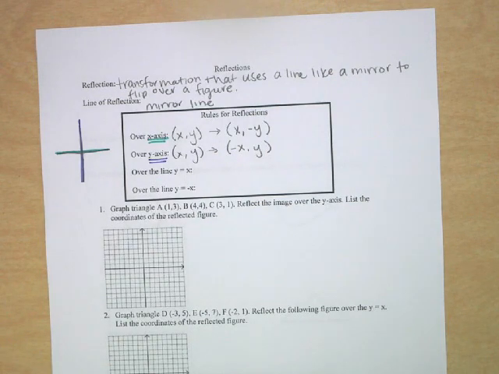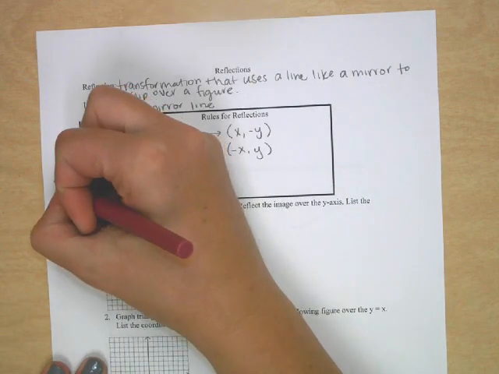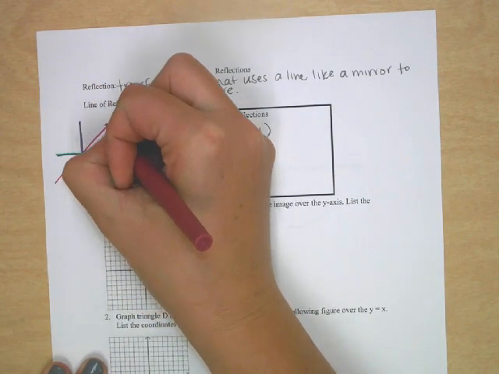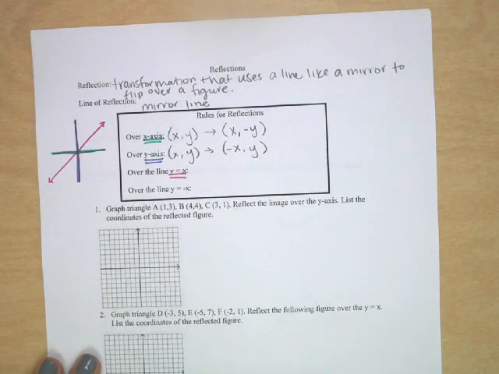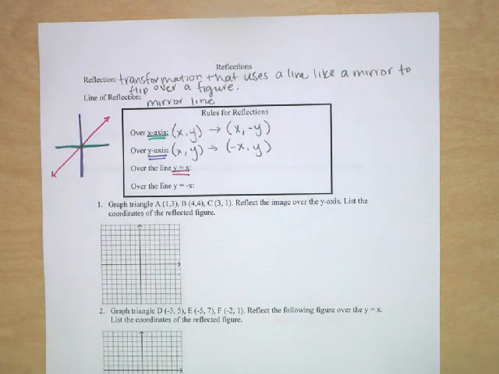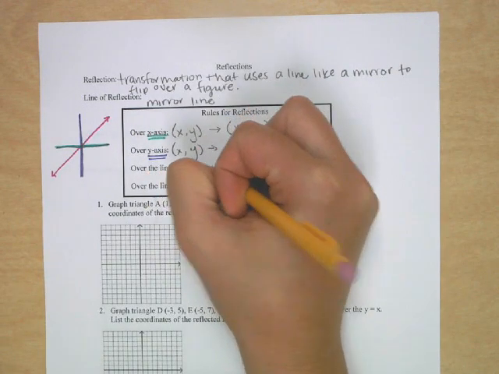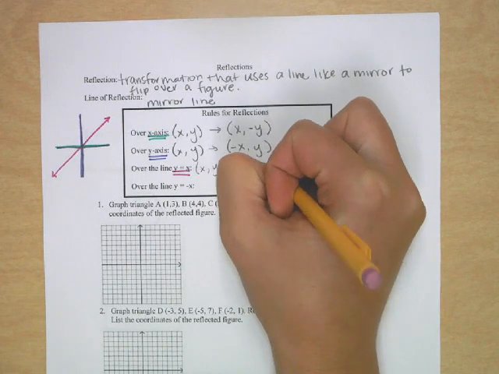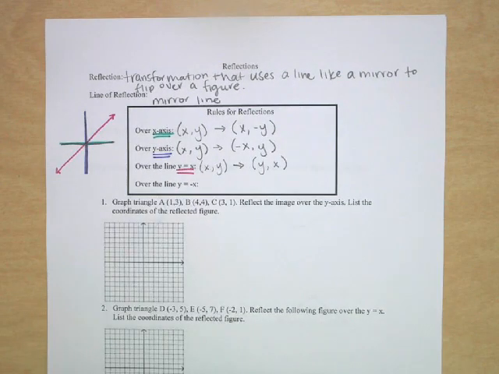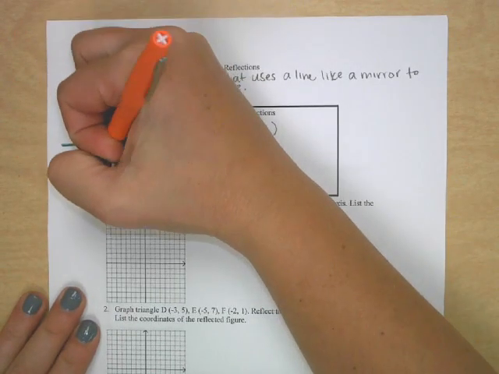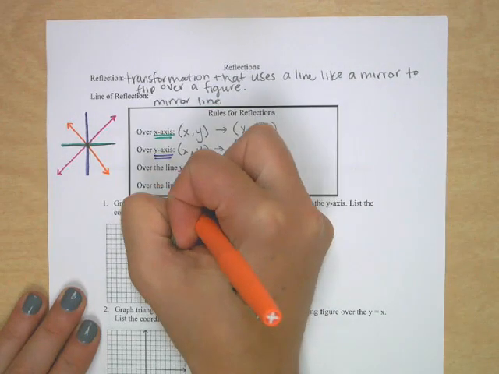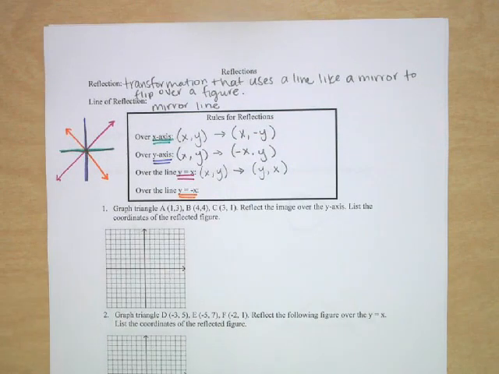Then the next one is flipping over the line y equals x. When we look at the line y equals x, it's actually a line diagonal through the coordinate plane. So that way we have an idea of what that is. And when we do the reflection of that one, X, Y turns into Y, X. And then the last one, if I go over the line y equals negative x, that's this line down here, negative slope now, so it's going to go down.